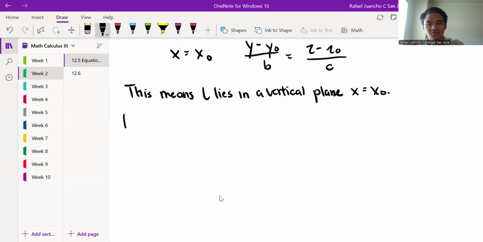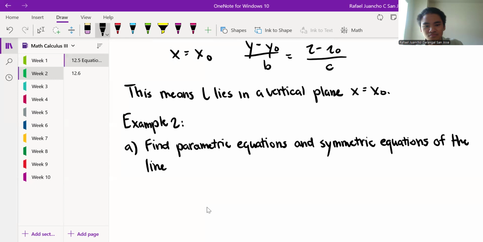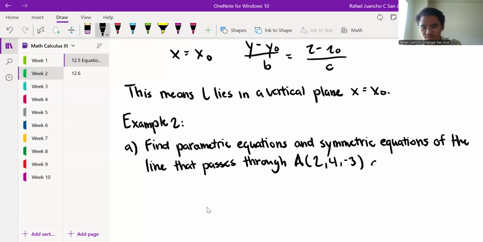Okay, let's move on to example 2. So example 2, we want to find parametric equations and symmetric equations of the line that passes through points A, 2, 4, -3, and B. B in this case is 3, -1, 1.